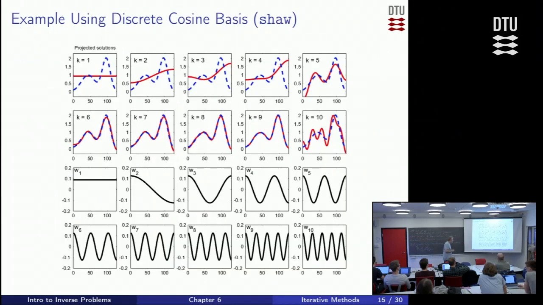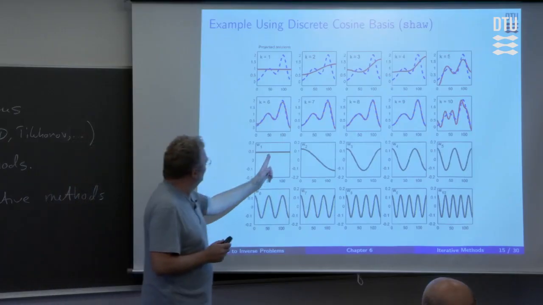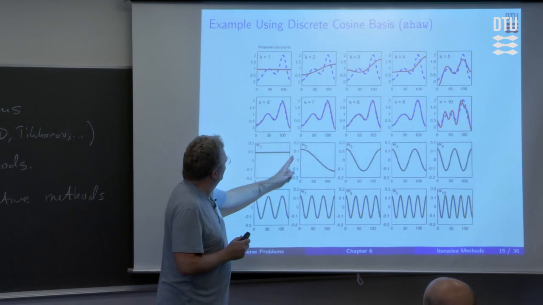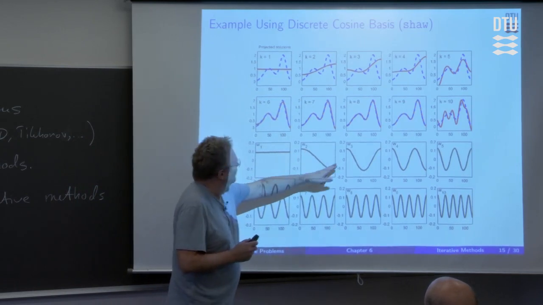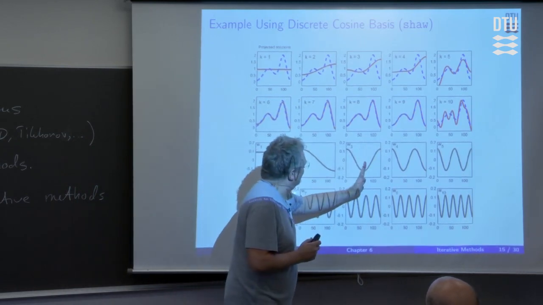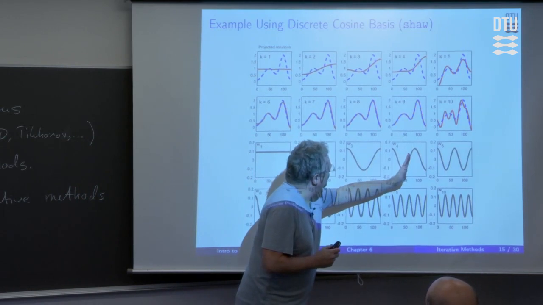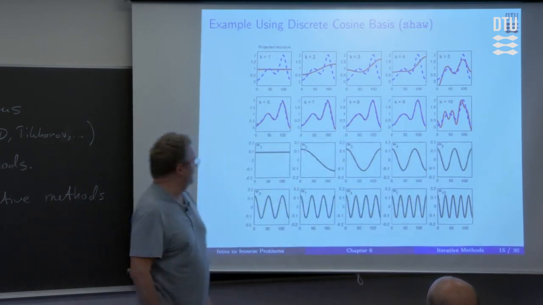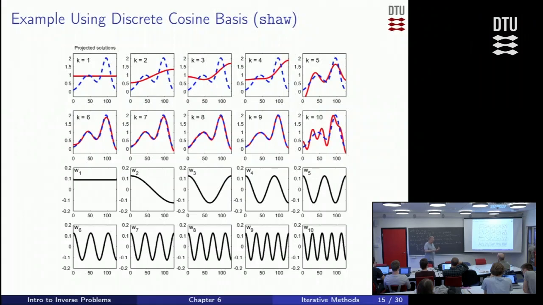So we have them here on the previous slide. You can see that W1 is definitely symmetric around the midpoint. W2 isn't. Okay. W3 again is symmetric around the middle. Number 4 is not. Number 5 is, and so on and so forth. All right. So to represent an exact solution that is actually symmetric around the middle, we can immediately see that we don't really need W2 and W4 and W6 and so on.